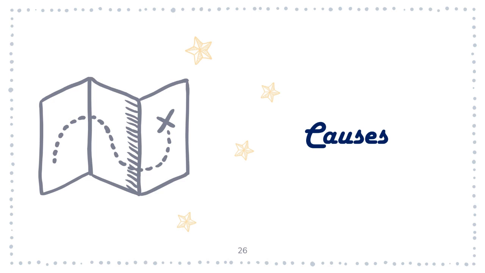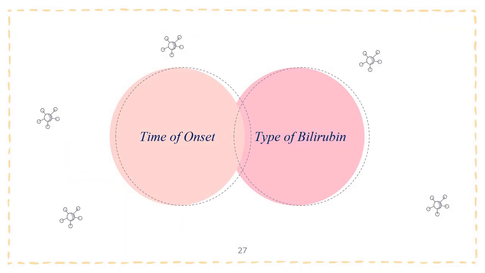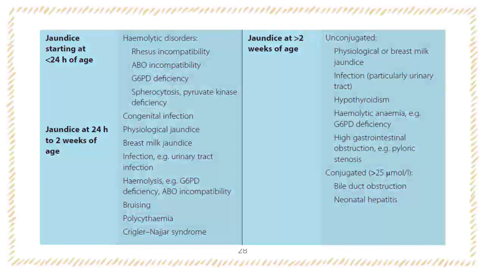So let's talk about the causes. We can divide it into two sections, the time of onset and the type of bilirubin. Jaundice starting at the first 24 hours of life needs to be memorized very, very well, and a huge chunk of the exam comes from this category of jaundice.